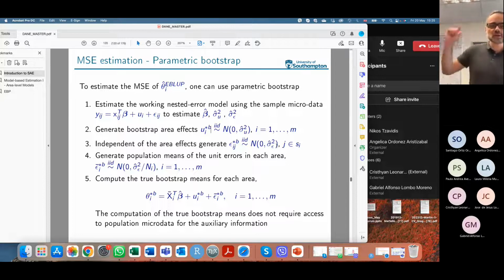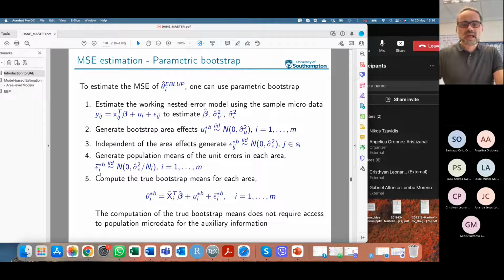So what we need now, we need two things. One thing is we need to calculate the true bootstrap means for each area. Okay, so you can do that by generating effectively the mean errors in area i, the mean epsilons in area i.